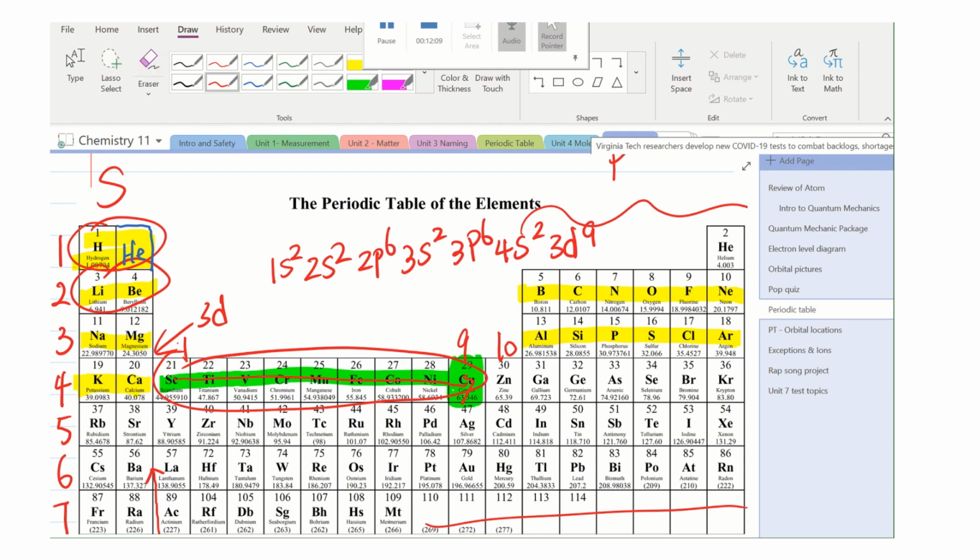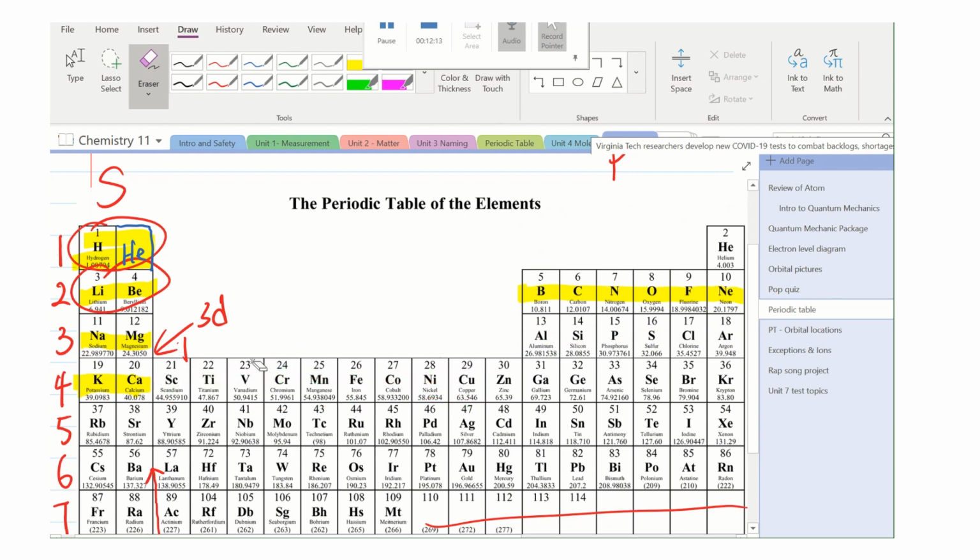In case you didn't follow me with this one, I'm just going to erase all of these. So let's do strontium. Draw strontium right here. Strontium has 38 electrons, but we don't need to count them.